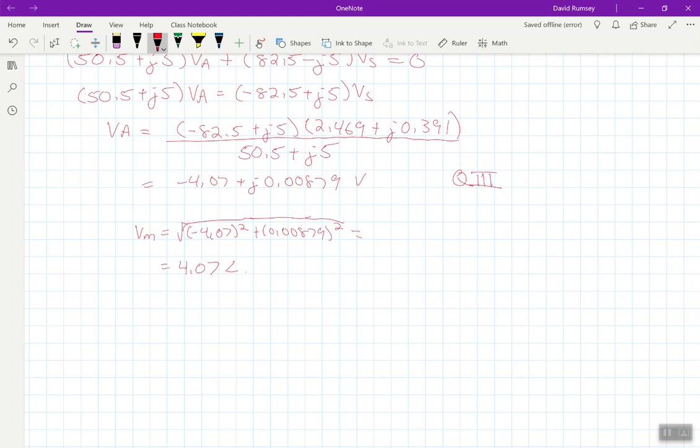And so that means theta is equal to the inverse tangent of 0.00879 over negative 4.07 plus 180 degrees.